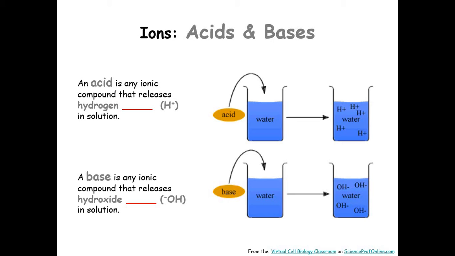So we have several definitions of acids. We have the Arrhenius acid and the Bronsted-Lowry definition. An acid, class, is any ionic compound that releases hydrogen in solution. So this is the Arrhenius concept, and according to Bronsted-Lowry, acids are proton donors, or H+.